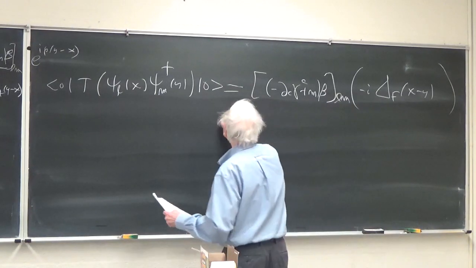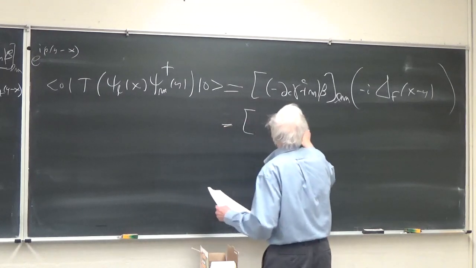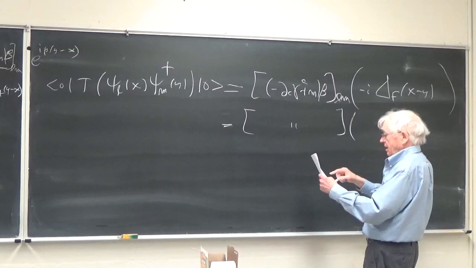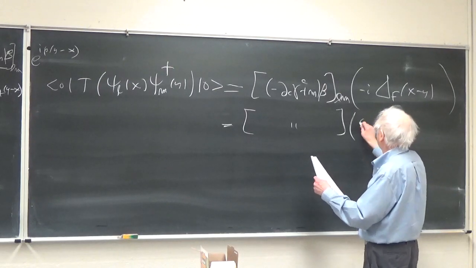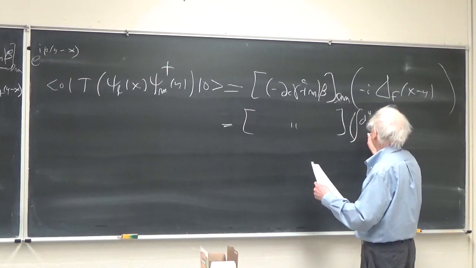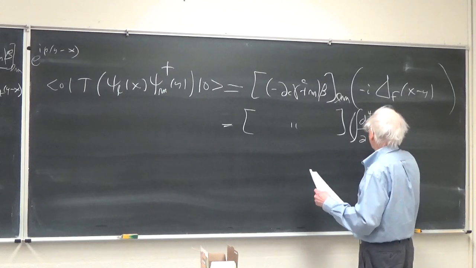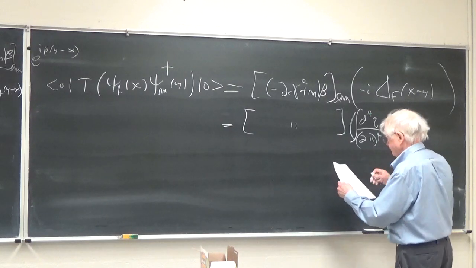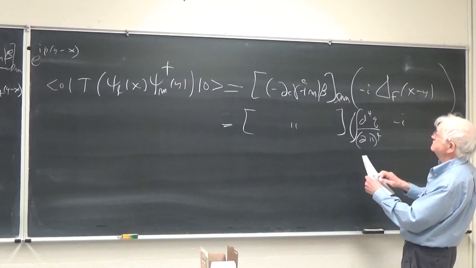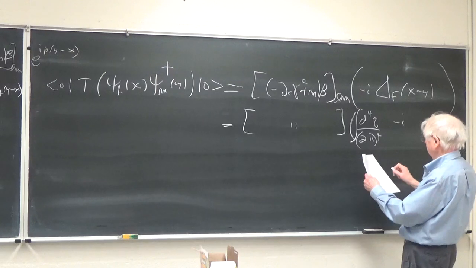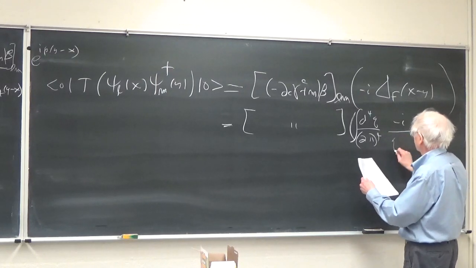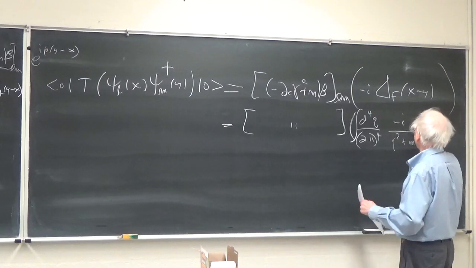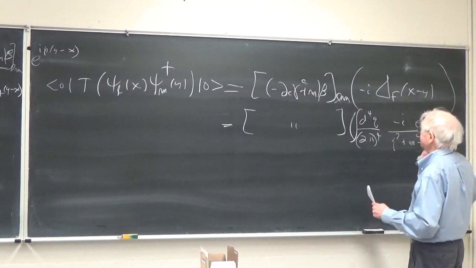Or equivalently, it's this structure here acting on d^4q over (2 pi)^4, minus i over q squared plus m squared minus i epsilon, e to the i q dot x.